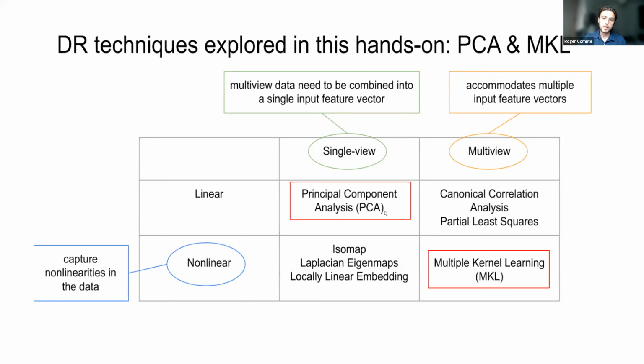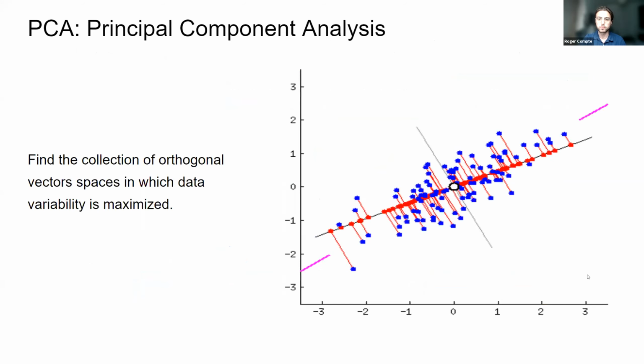Also, there are nonlinear ones, and we can differ as well, having single view, which means we just use one feature, or multi-view, that combines multiple features. For nonlinear, we are going to use multiple kernel learning, and try to compare the outcomes from both algorithms.